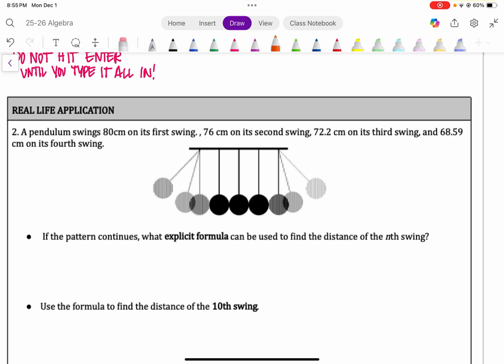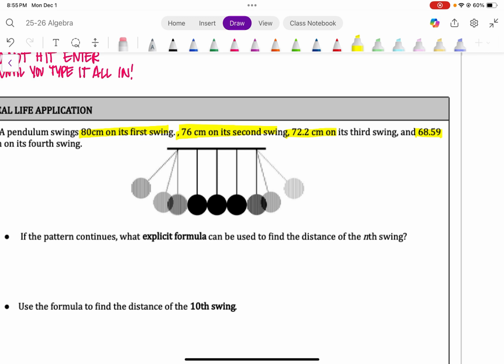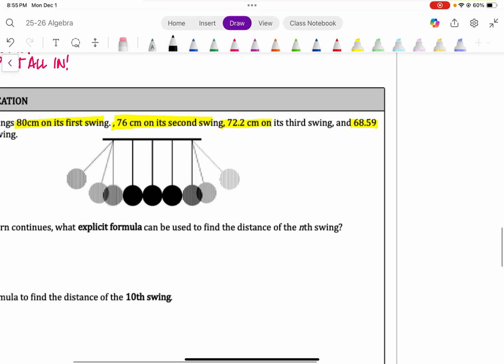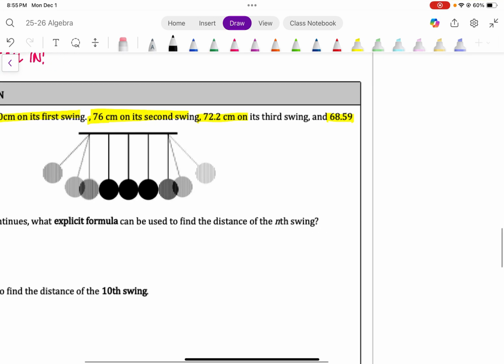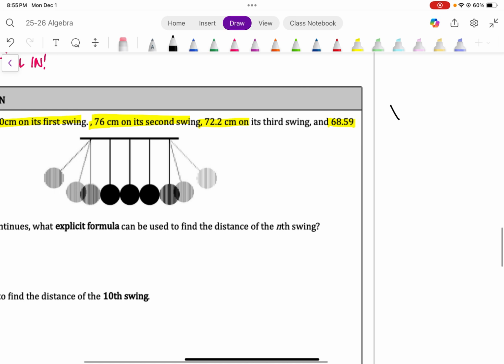Our last example has a pendulum swinging, and it swings the farthest on its first swing. So first it swings 80, then 76, then 72.2, then 68.59. These numbers are getting smaller. If I made a table out of them: my first swing, it went 80.